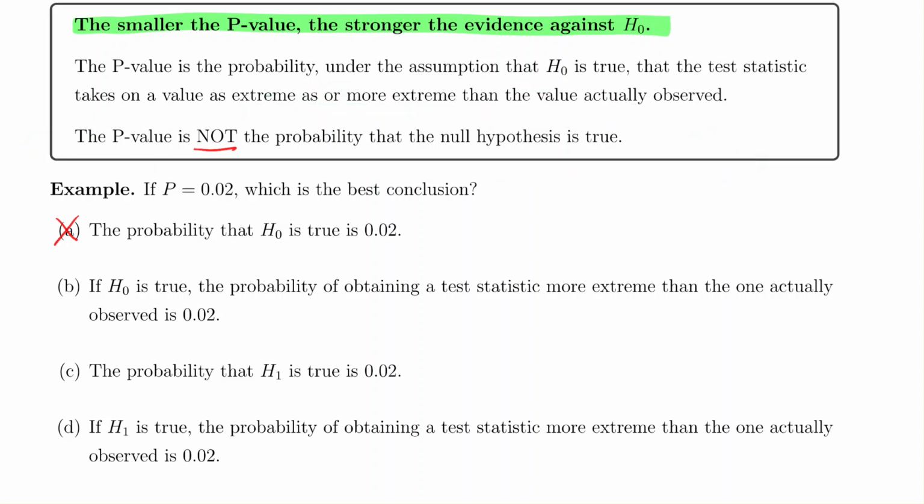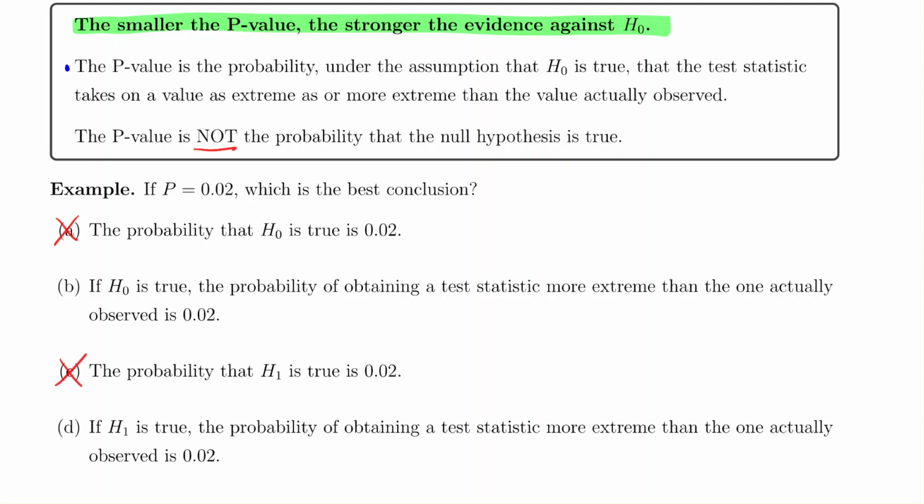Moving on to B, if H0 is true, the probability of obtaining a test statistic more extreme than the one already observed is 0.02. Now if we look at the phrasing of this second point, that matches exactly what we found in B. So I think B is our answer. Let's just quickly read through C and D just to verify. The probability that H1 is true is 0.02. We never saw anything like that in terms of what the p-value is, so C is out.